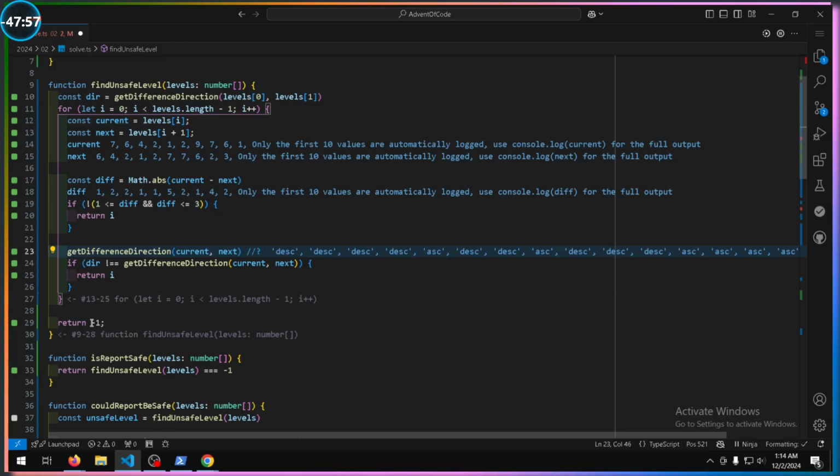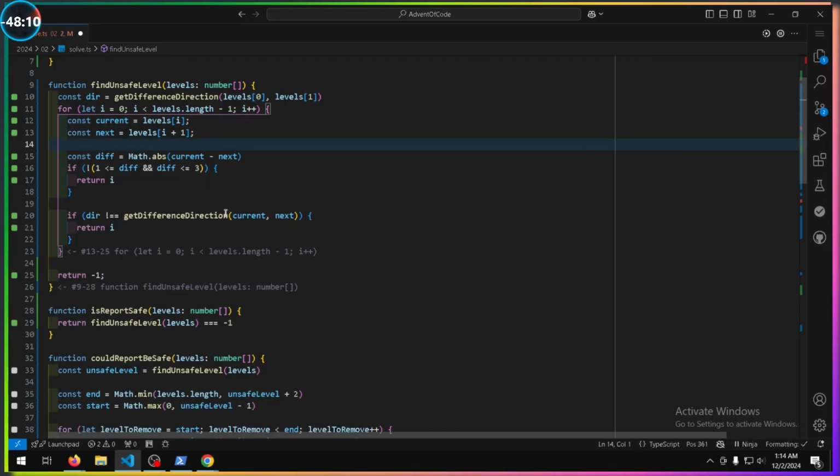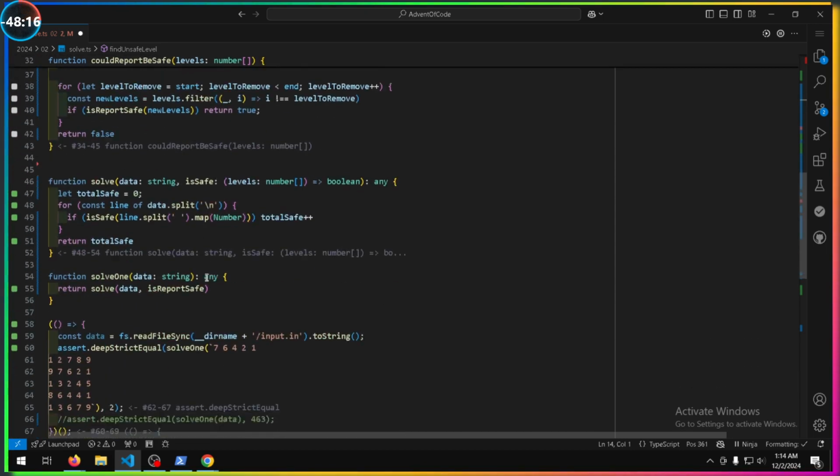And then if we don't find it, we return -1 because we made it through all of them. That is how the code really works. Honestly, it's a lot simpler, obviously, thanks to the refactor. And that is part 1.